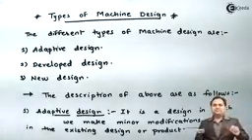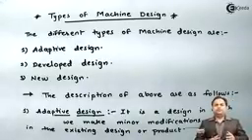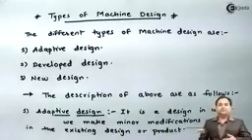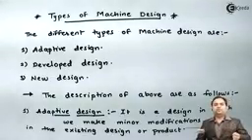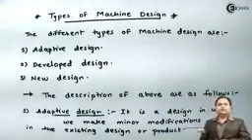So if we change slightly some design feature, for example, if some product is there and we are just changing its color, then it is called adaptive design. Or if we are adding some component or removing some component, then also it would be called adaptive design.